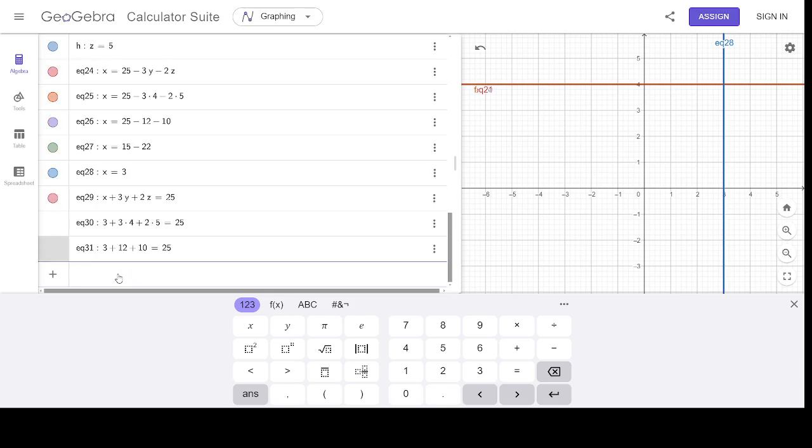So 25 is equal to 25, meaning the values that we have found for the three variables are correct, and therefore the solution is correct.